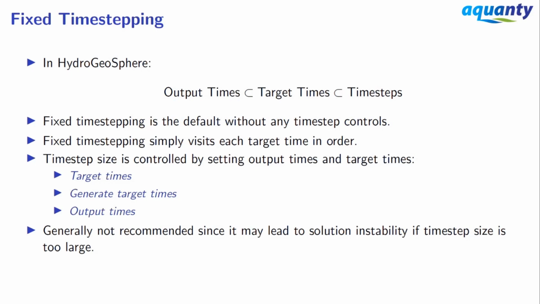With fixed time stepping, which is the default, you simply visit each target time in order. And so in that case, the time step size is controlled by setting the output times and the target times via the following commands. This is generally not recommended because it may lead to solution instability if the time step size is too large.